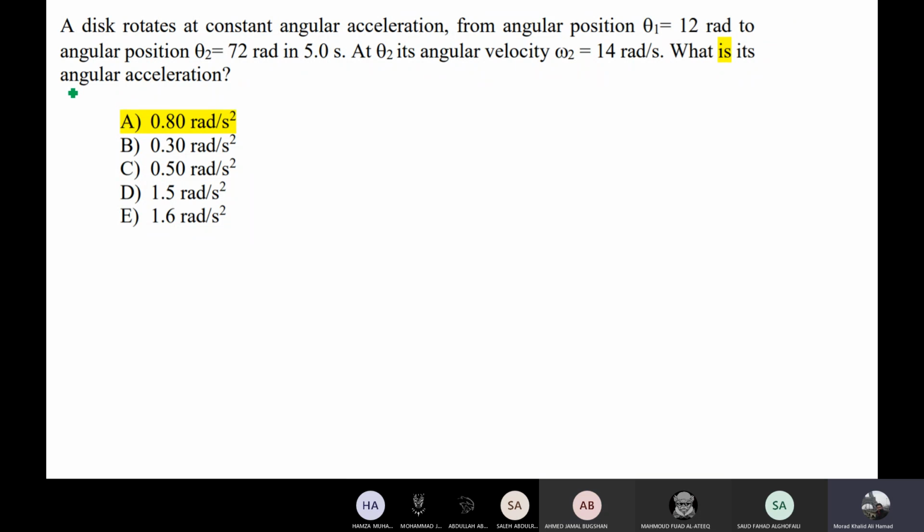Another example. Here we have a disk that rotates at constant angular acceleration, which means we can use the equations of motion. Alpha is constant. From angular position theta 1, which is given as 12 rad, to angular position theta 2, 27 rad, like going from x1 to x2, in 5 seconds. Here t is equal to 5.